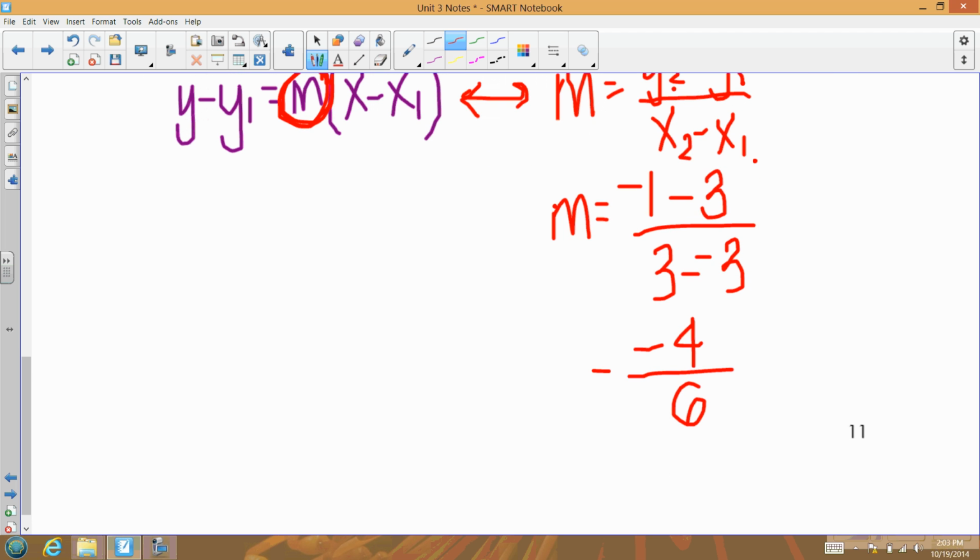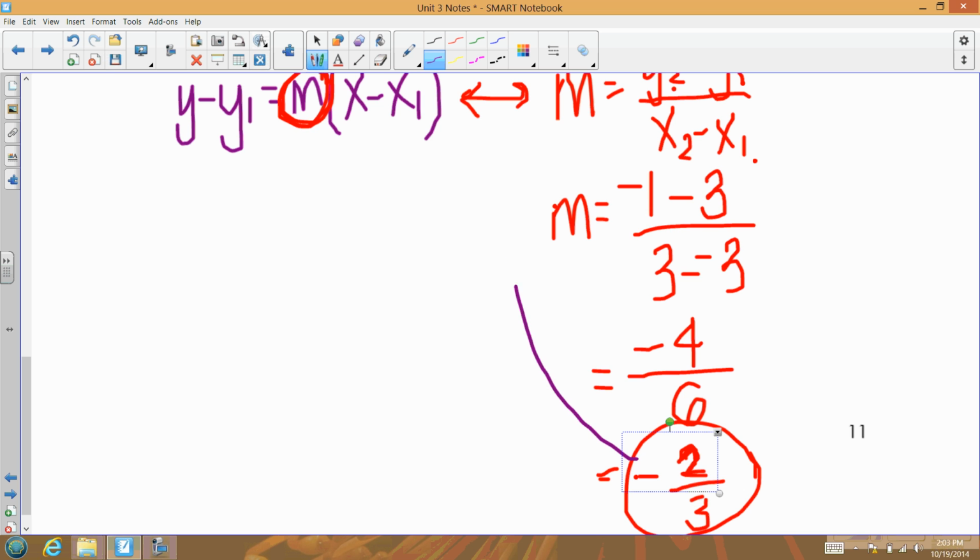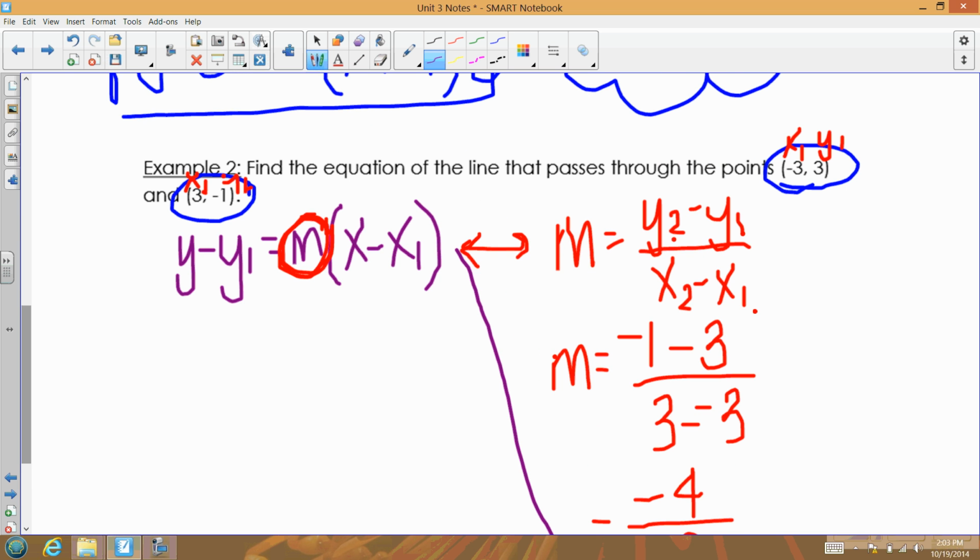And when we simplify this further, divide the top and the bottom by 2. We'll have negative 2 over 3. So my slope is negative 2/3. So now I'm going to take that slope and I'm going to plug it in over here. So this is going to get plugged back in over here.